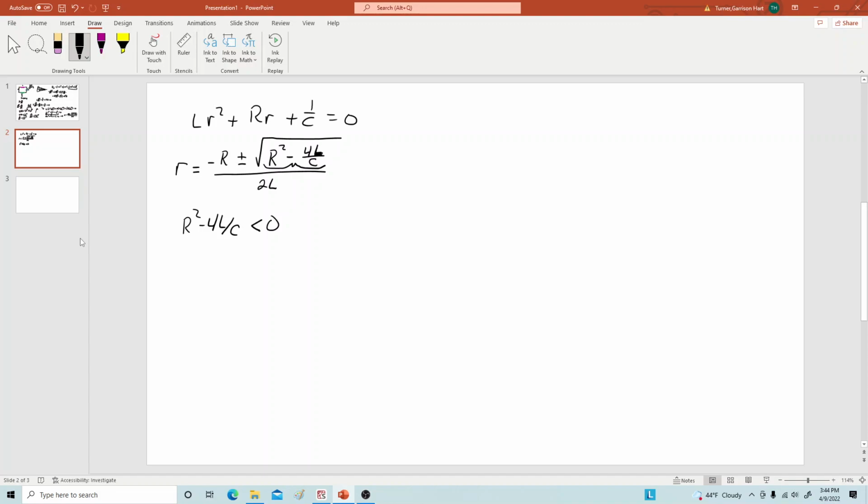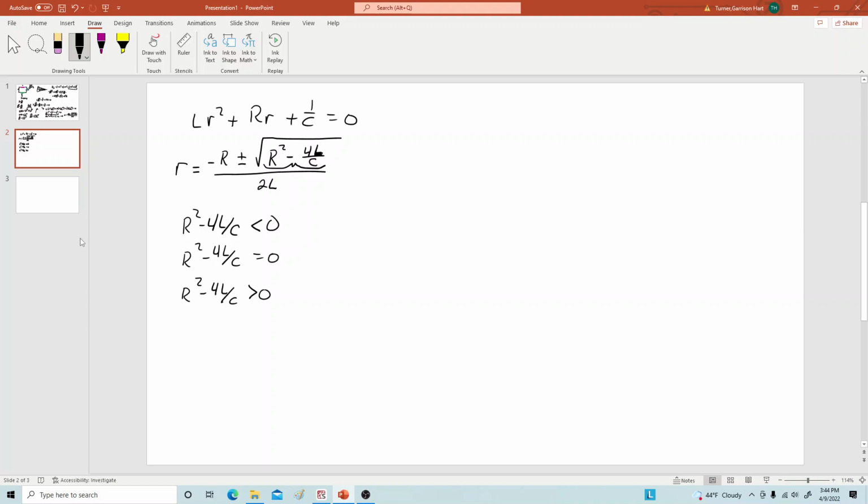And when I take the square root of a negative number, I get imaginary numbers. And if this quantity equals 0, then the term drops out, right? And if this term is larger than 0, then I won't have imaginary numbers in my exponentials.